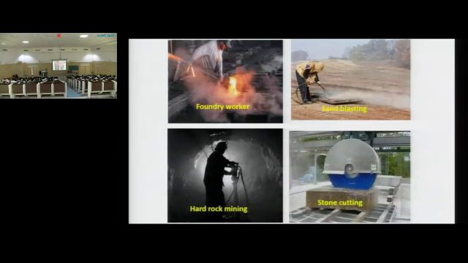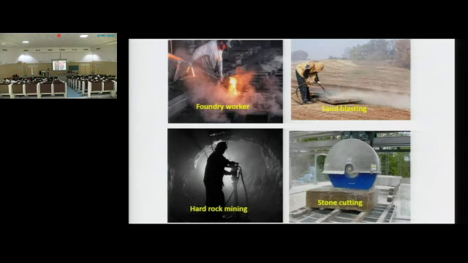So which persons get silicosis? Those persons who are working in hard rock mining industries, right? Then persons who are working in stone cutting industries. Also foundry workers, that is, they will melt some metals and prepare some metal articles, right?